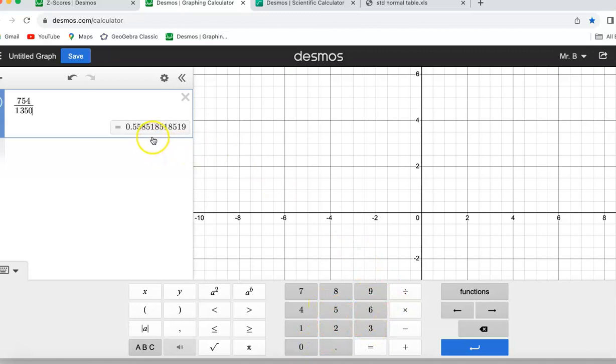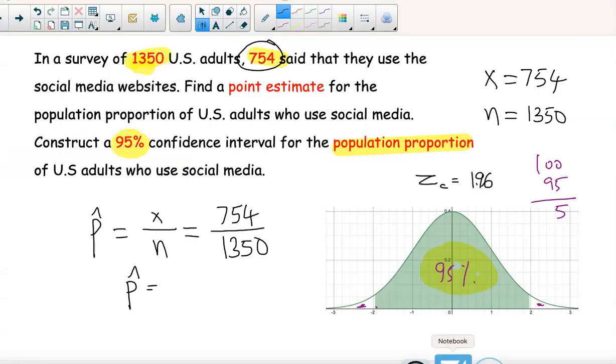That is equal to 0.5585. Okay, so I will write 0.5585.